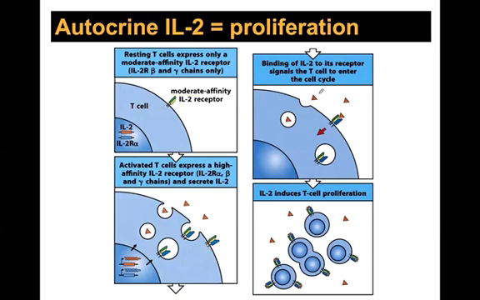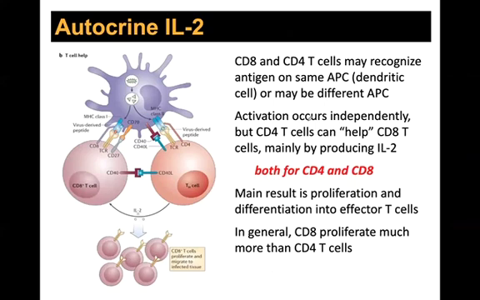And so at least initially, the T cells are making cytokines that they use themselves. This is called autocrine IL-2, as opposed to paracrine, which is one cell making it for the cell next to it. This, at least for CD8 T cells, is sufficient to give them this initial burst of proliferation.